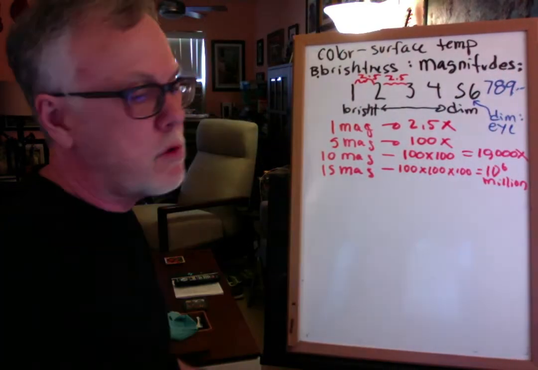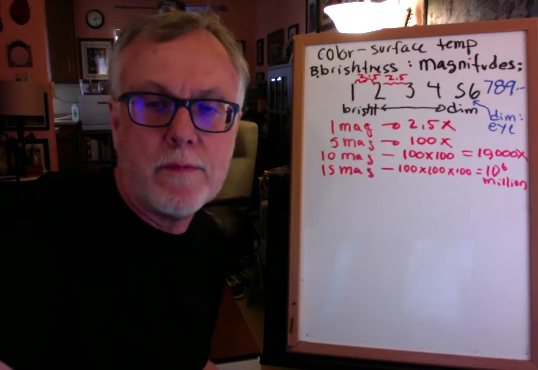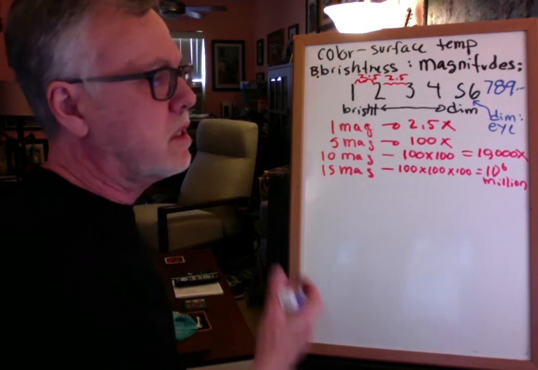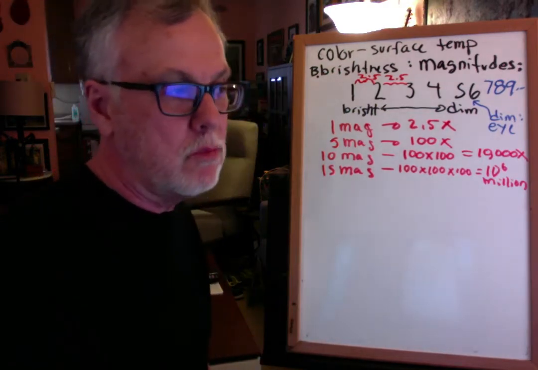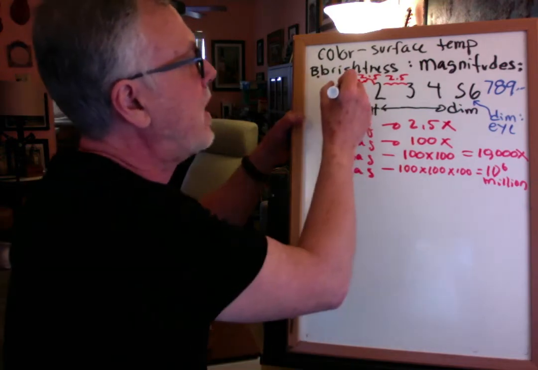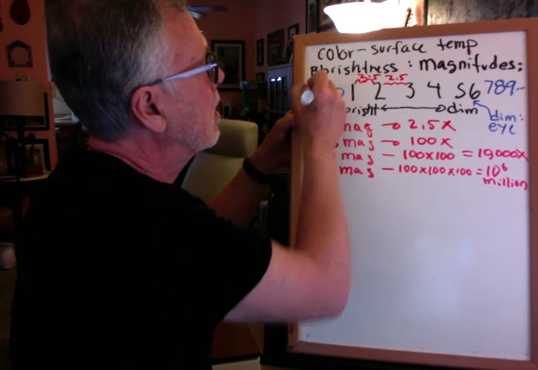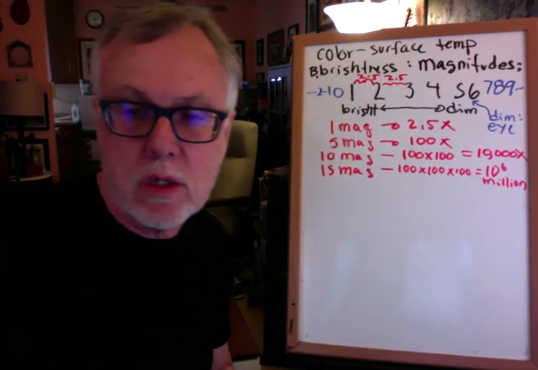Anything dimmer than that is basically not visible with your eye. And because this scale didn't include objects such as the planets or the moon or the sun, we've had to expand this into the negative numbers. So the more negative the magnitude, the brighter it is.